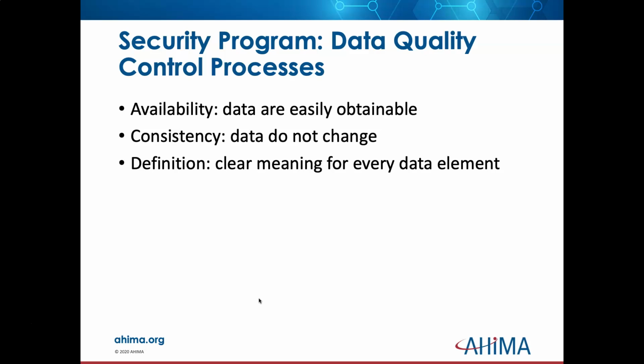Is everything in a consistent format? Are things prevented from being changed versus amended or addended to, so that data is not lost? And then you need to have a clear meaning for every data element. And we'll talk about data dictionaries when we get into a class that you will have next fall.